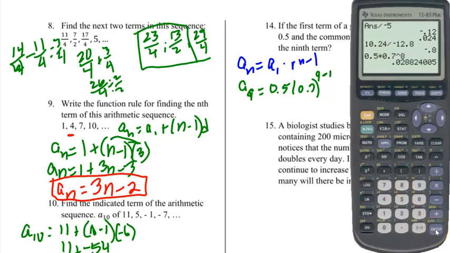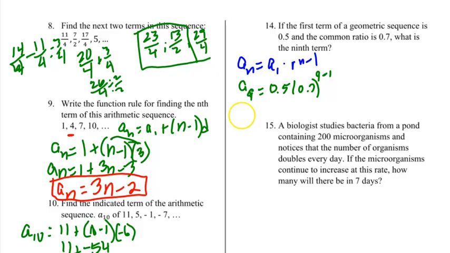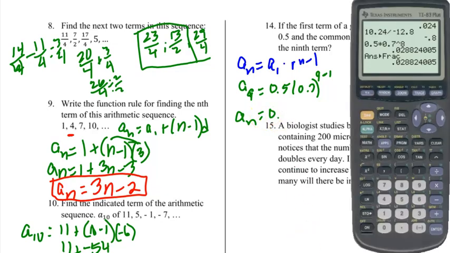And that gives us a really long decimal. Let's see if we can put this into a fraction. Actually, no, we can't round it. We'll have a subscript n equals, grab our calculator again, 0.0288.